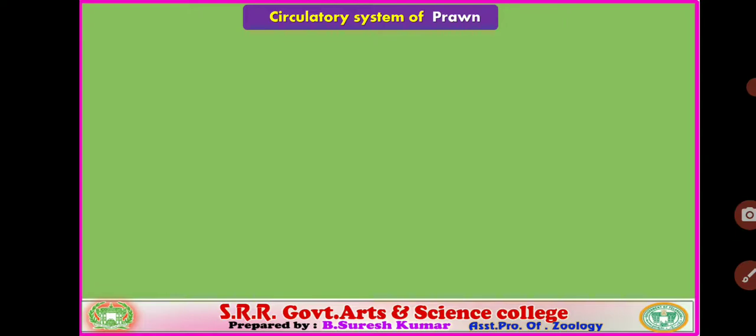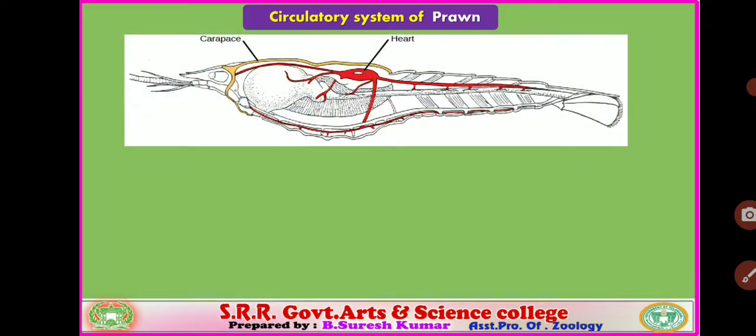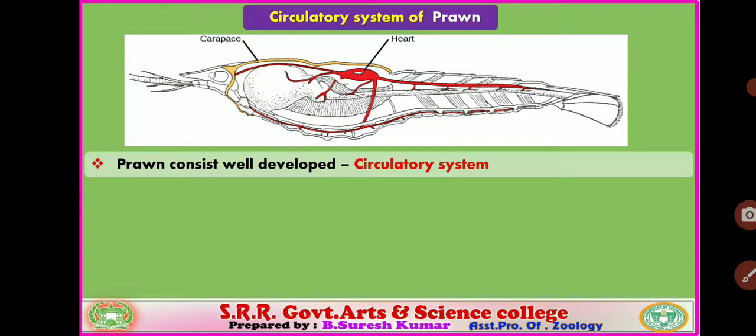So the prawn has a well developed circulatory system. You verify this visual representation. The prominent heart is present and associated vessels are there. So it shows a prominent, well developed circulatory system, a blood vascular system. But the blood vascular system in the prawn is completely different, a peculiar type.